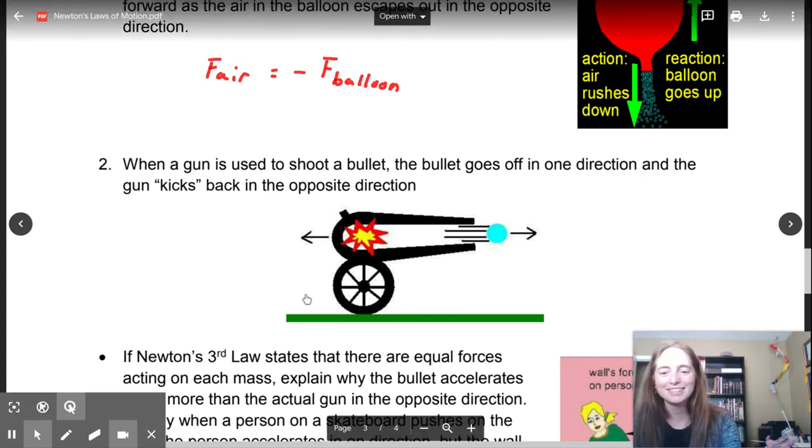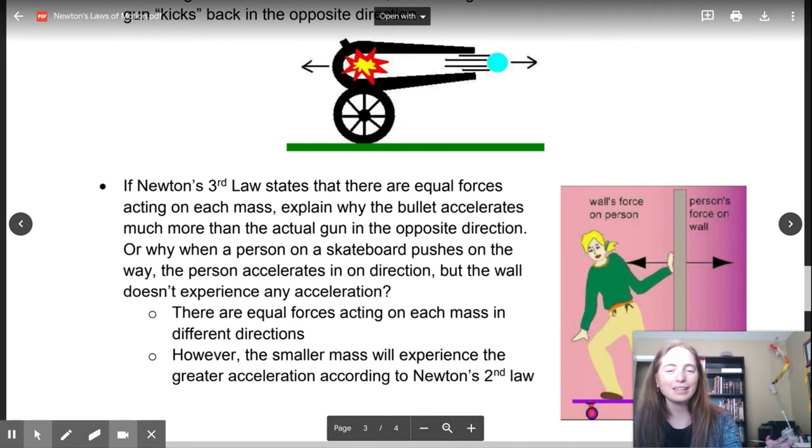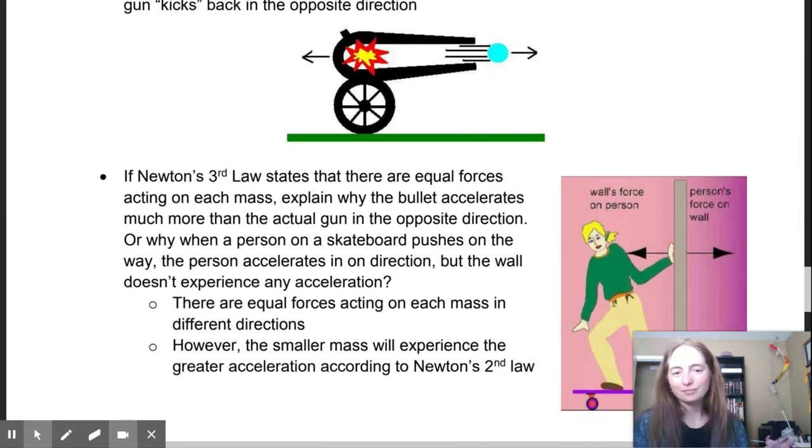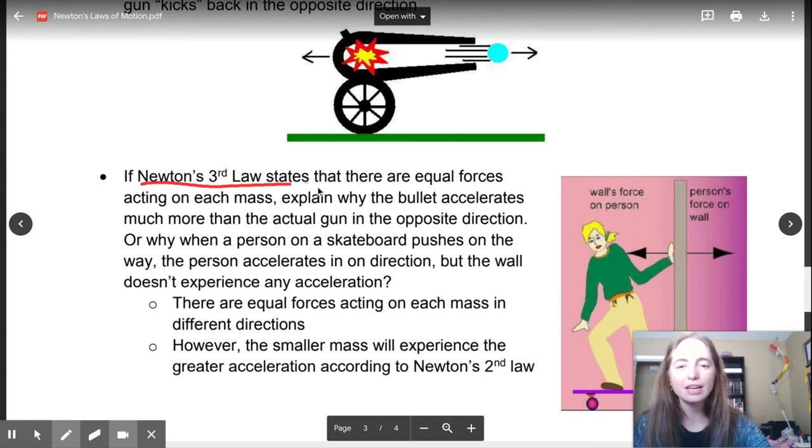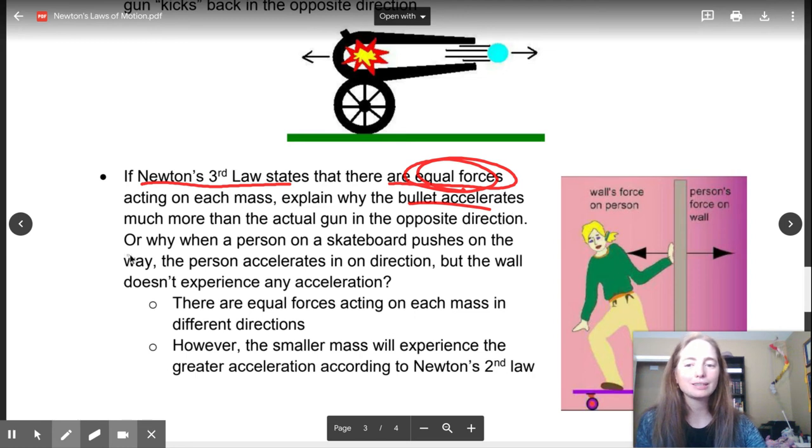All right. So, ladies and gentlemen, Newton's law states that there are equal forces acting on each mass when you push an object. This is why the bullet is going to accelerate a lot more than the gun is going to accelerate backwards. Why is that? The mass.